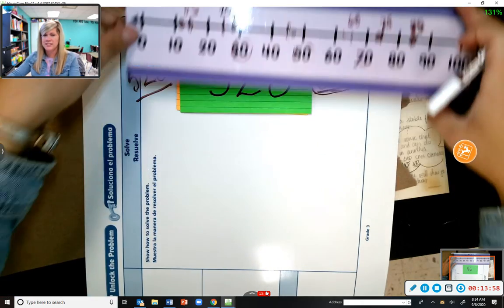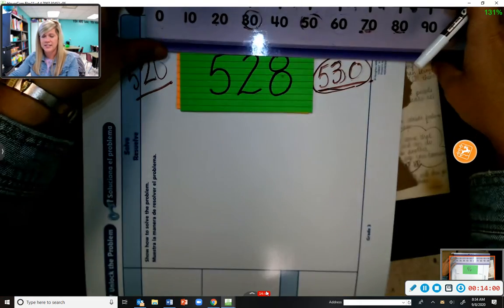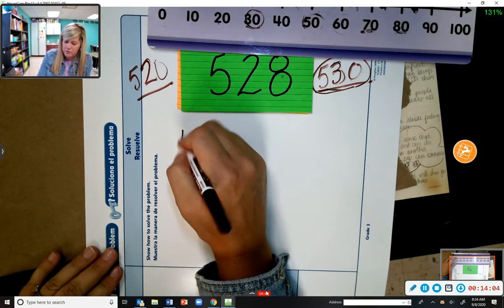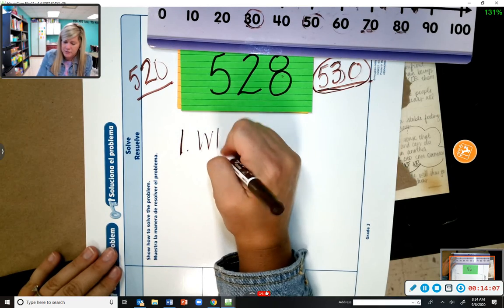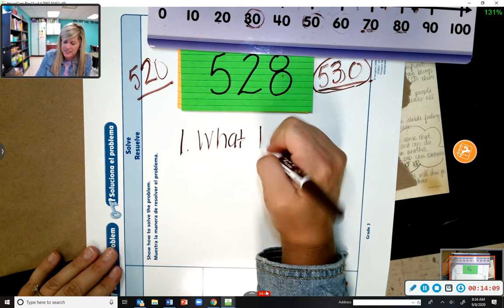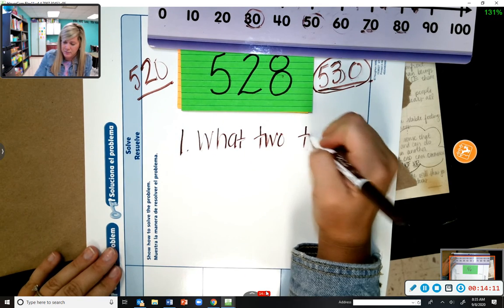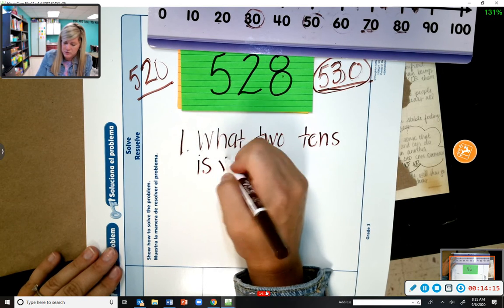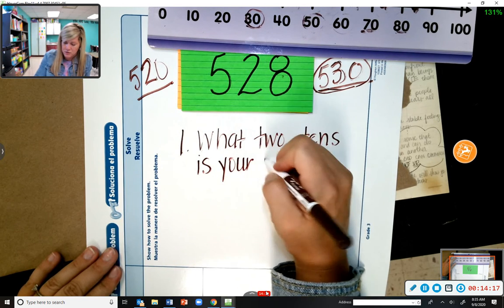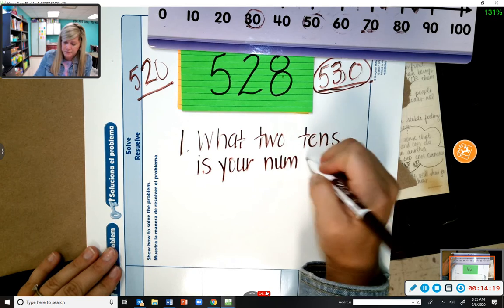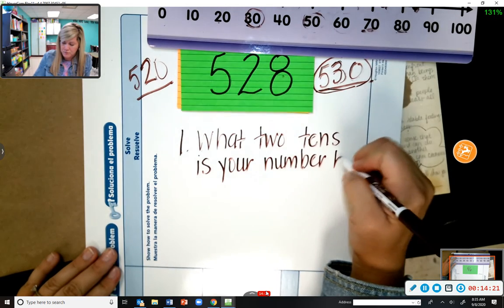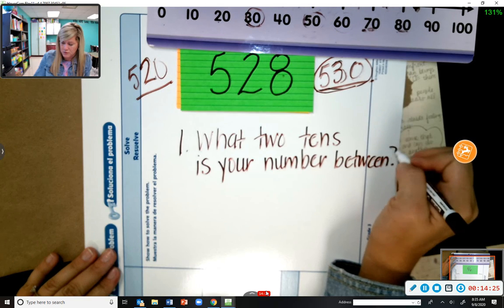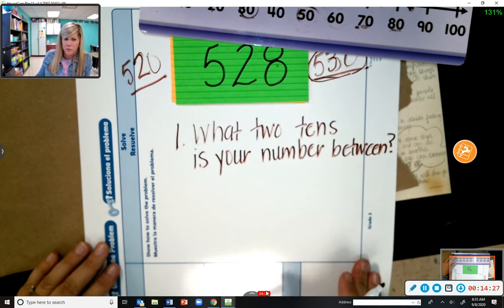Okay? So those are the steps that we need to try to do today during our assignment. I want you guys to figure out what two tens it is in between, and then what did we do next?